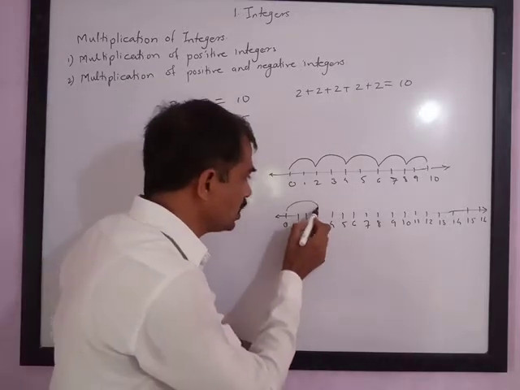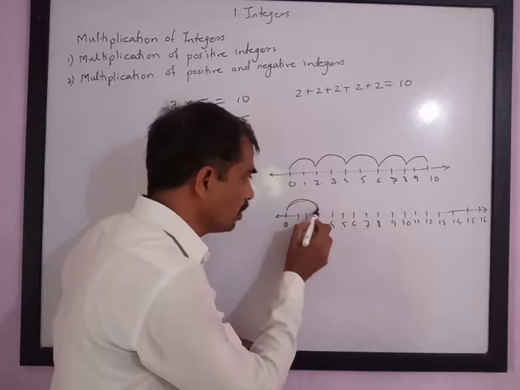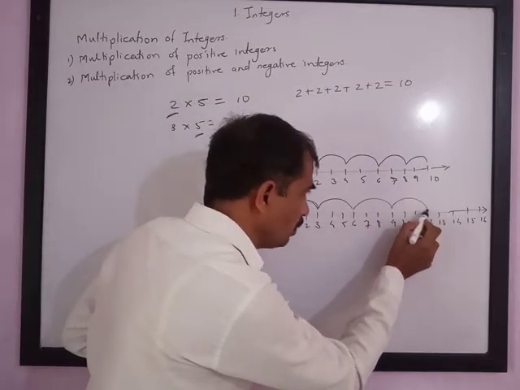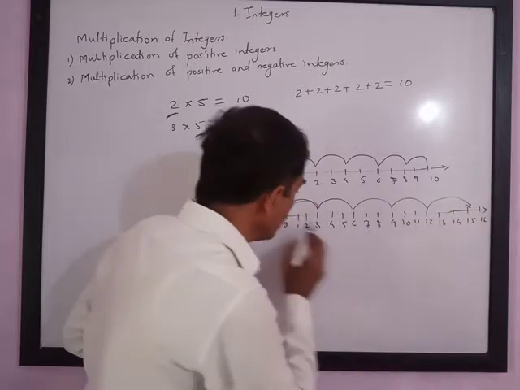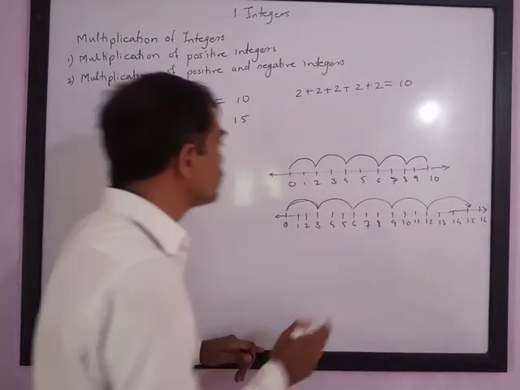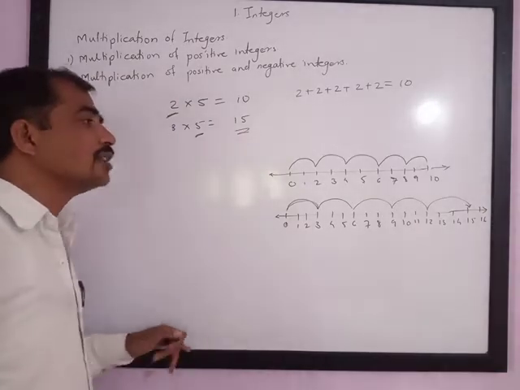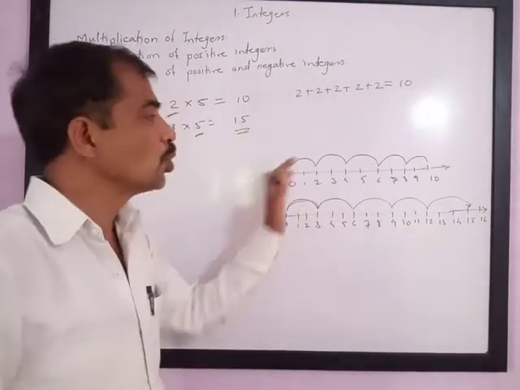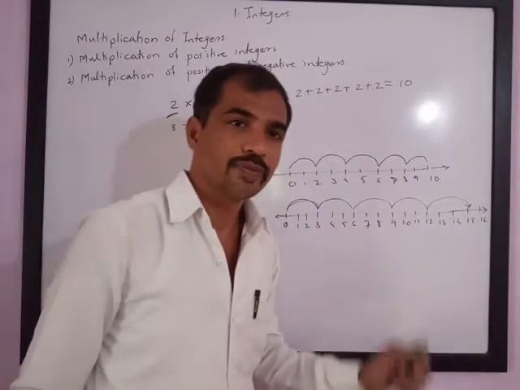So this is one jump, second jump, third jump, fourth jump, fifth jump. Please note each jump is of 3 steps. So you will get the answer, 3 fives are 15. In this way we can do the multiplication of positive integers with the help of a number line also.